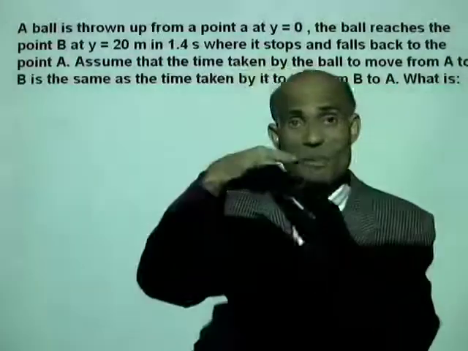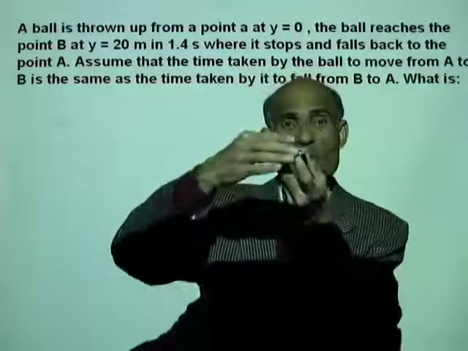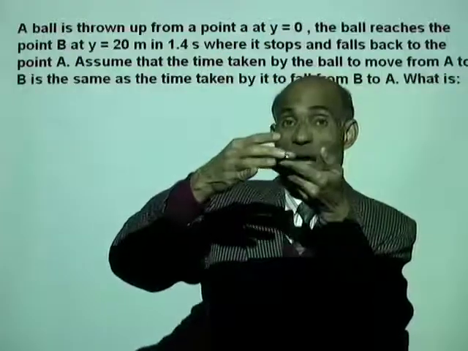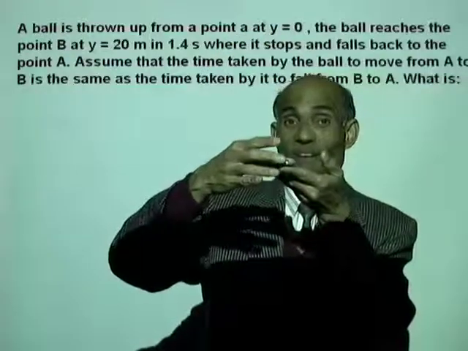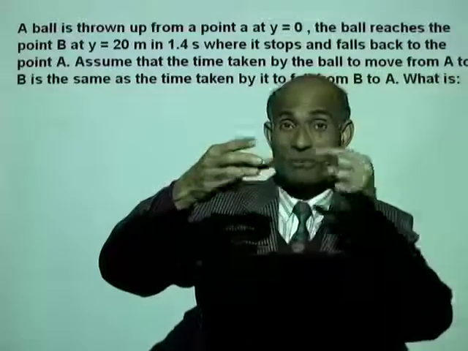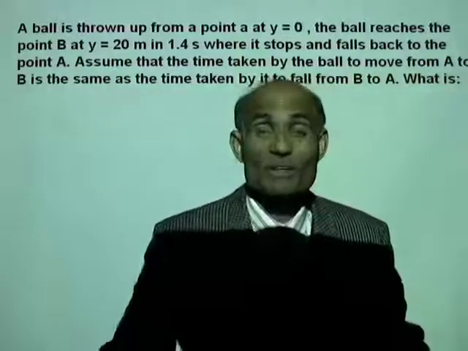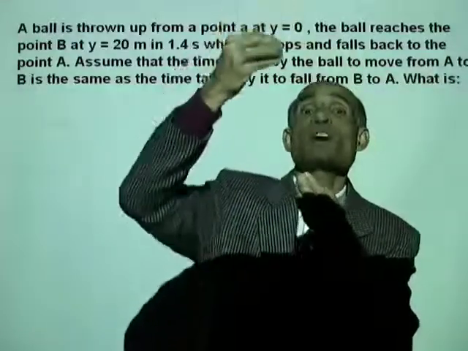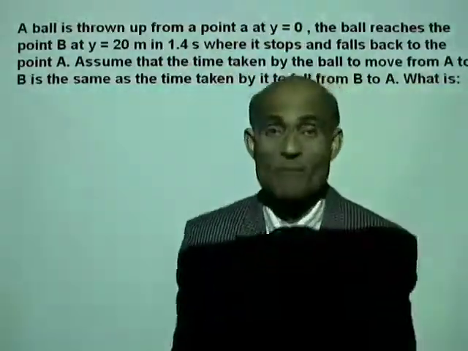If I throw something up, is the time taken to go up equal to the time taken to come down? Actually, it is true. We will be looking at that as we go on. The time taken for an object to go up is the time taken to come down.